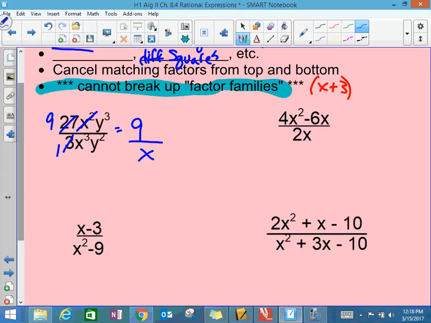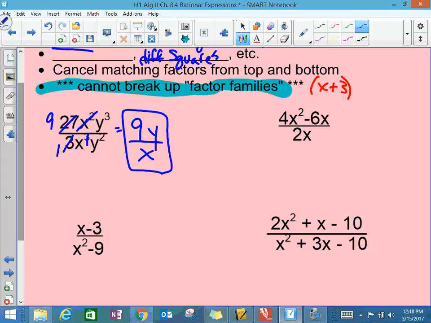So that cancels and leaves 1 there. And what about the y's? 1y on top, right? So that actually is more like our homework than it is the rational expression, but still, the same rules apply. We're trying to get all the common divisors canceled out, right?